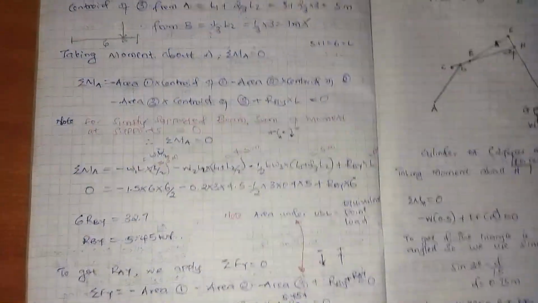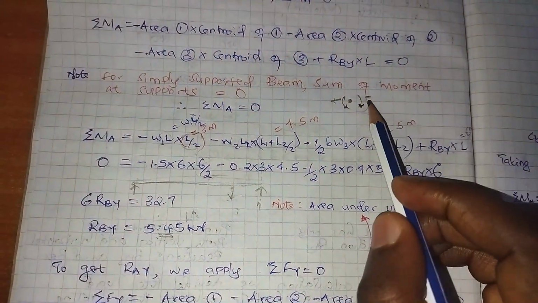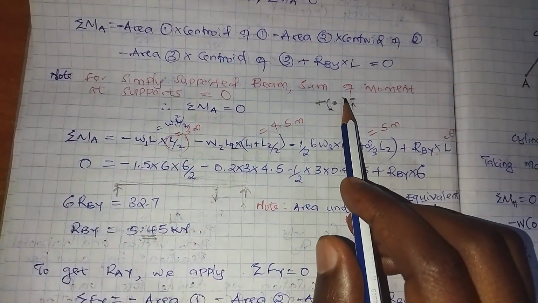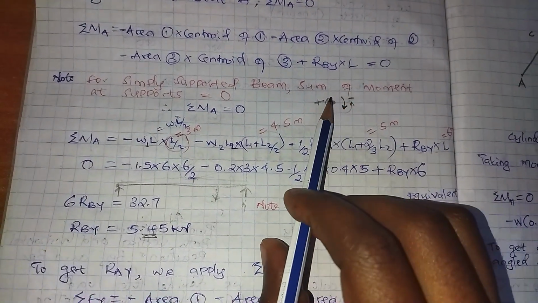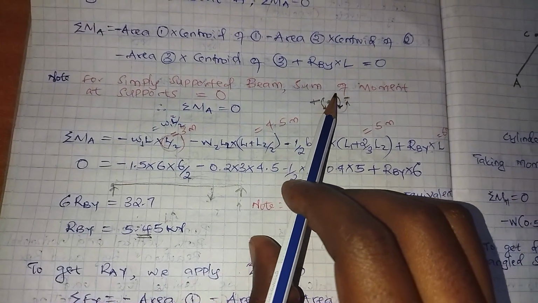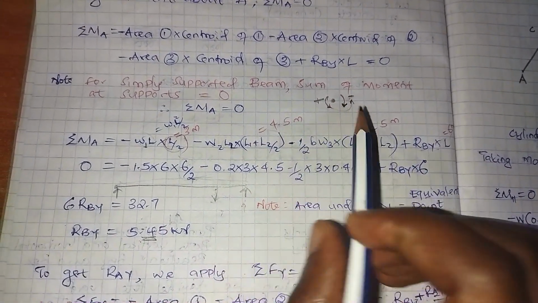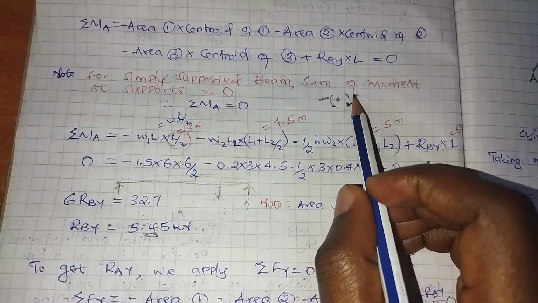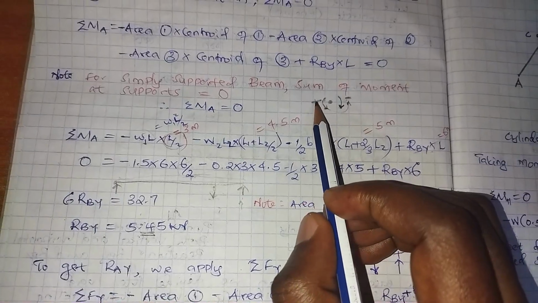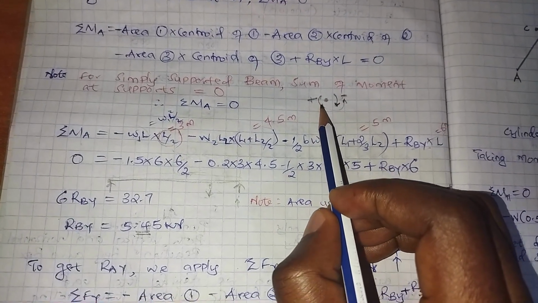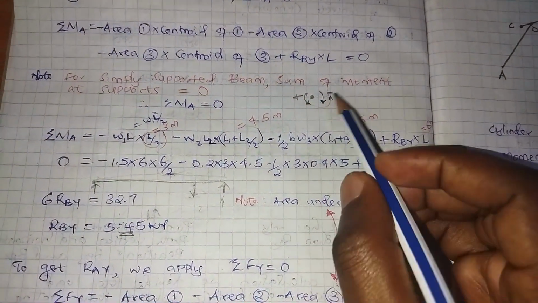And this one that is going clockwise, because the arm of the clock goes this direction, so that is why it is called clockwise. Those moments that are in clockwise direction are negative, and those that are in anti-clockwise direction are positive.